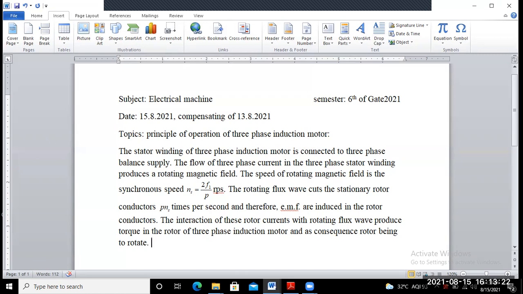According to Lenz's law, the effect opposes the cause.